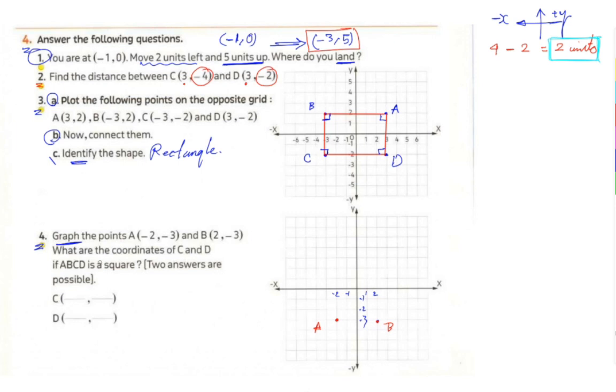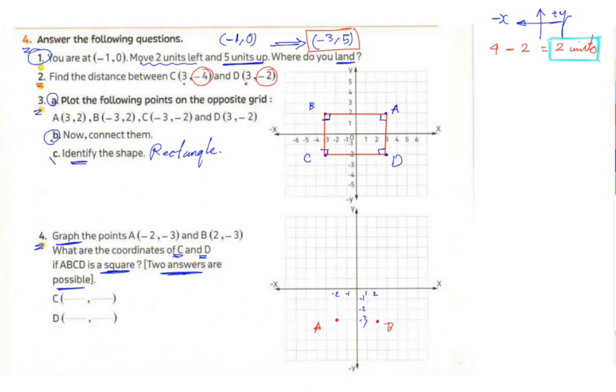Now what are the coordinates of C and D? I need to find the coordinates of C and D to form a square ABCD. I have 2 points, A and B, and I need to find 2 other points, C and D, to form the square. The question says two answers are possible.